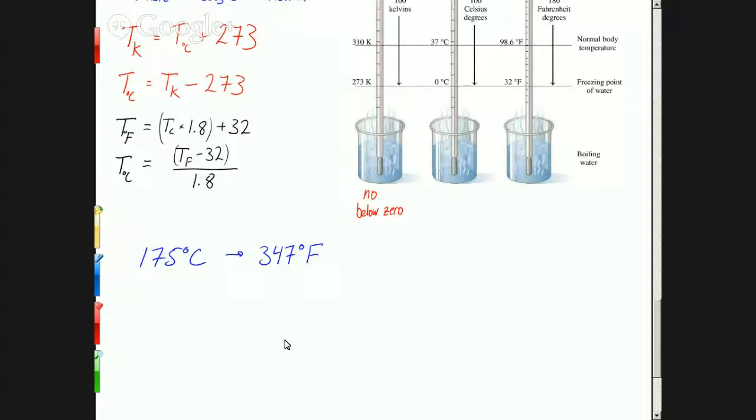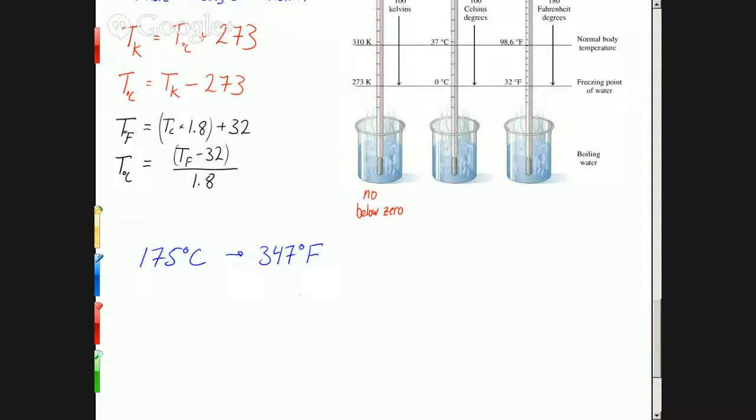Anybody get something different? Other numbers that you got? Everybody got that? Nobody got anything different? You sure? All right. Yeah, so I think that looks right. So really, you should bake this thing around 350, right? Is what you should set your Fahrenheit oven to.